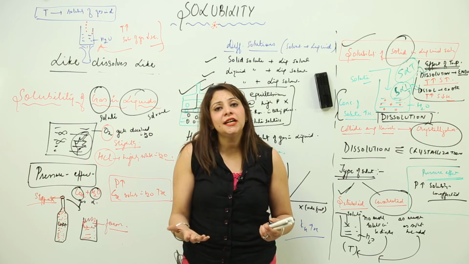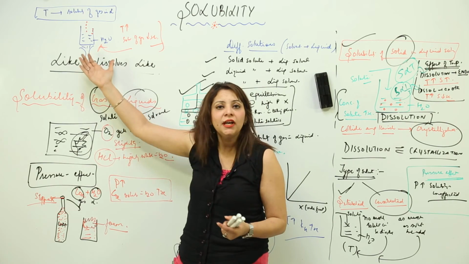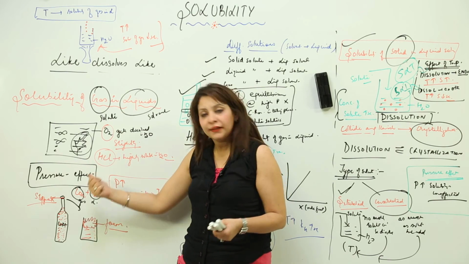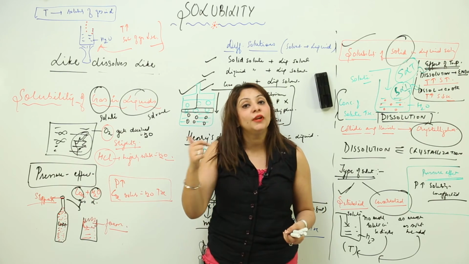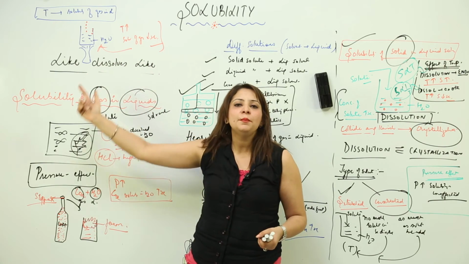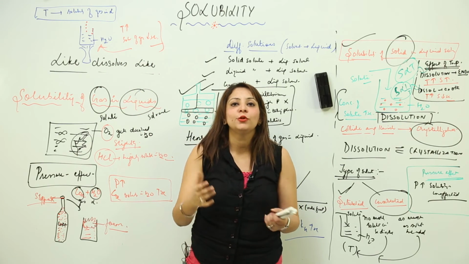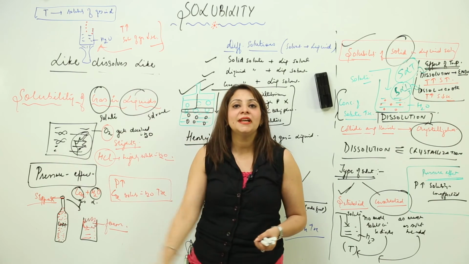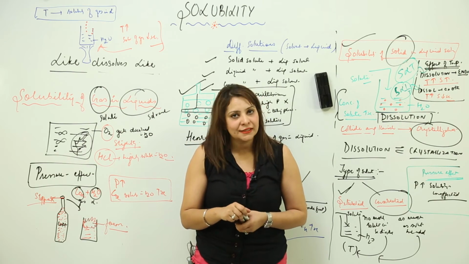So that is why they have the tendency to escape, in the form of bubbles. So we can say that on increasing the pressure, the solubility of gas will increase, but on increasing the temperature, definitely the solubility of gas is going to decrease. This is how pressure and temperature play an important role in the solubility of gas in liquid.